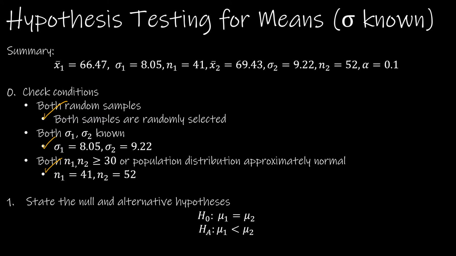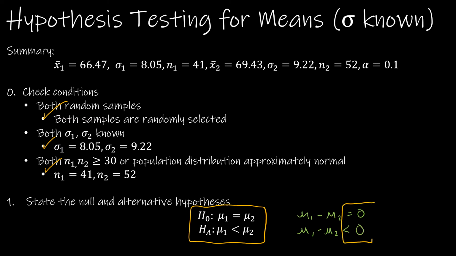Then state the null and alternative hypotheses. We have done that already. One thing I want to point out, again, we already talked about the fact that it's okay for this to be mean 1 minus mean 2 equals 0, and mean 1 minus mean 2 is less than 0. What we did not talk about is if we're saying that they're equal to 0 or less than 0, this is the hypothesized difference.